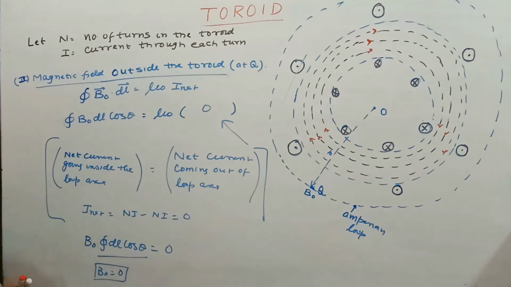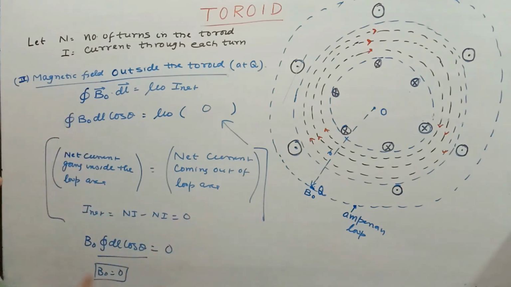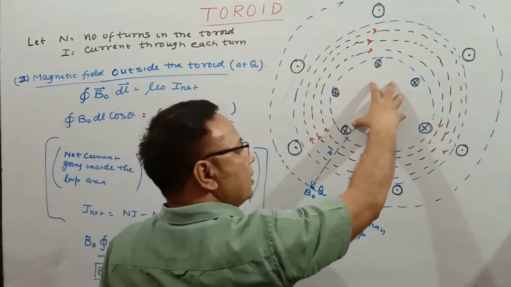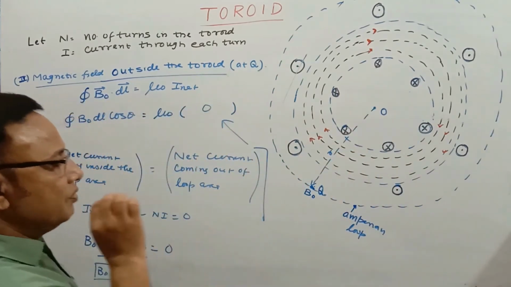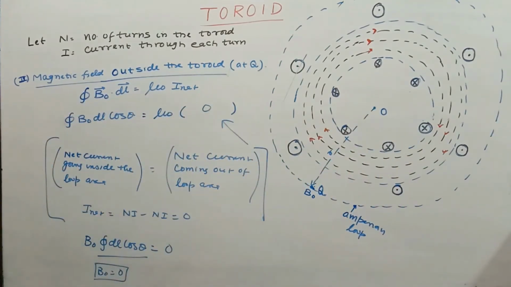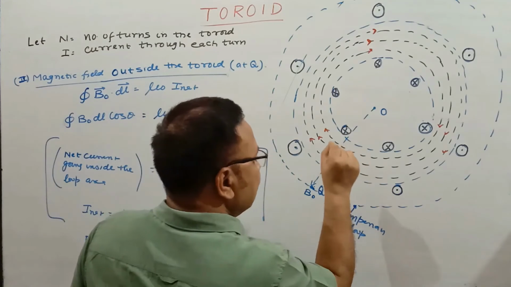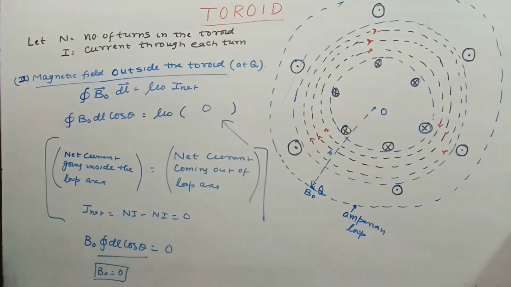Here also the inference remains the same: the magnetic field outside the toroid is 0. So in both cases, in open space outside as well as in open space inside the toroid, the magnitude of magnetic field is 0. That is what we have shown using Ampere's circuital law. Now the third thing we are going to show is the magnetic field inside the core of the toroid. Let's try to see that.